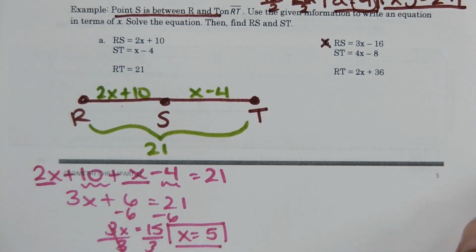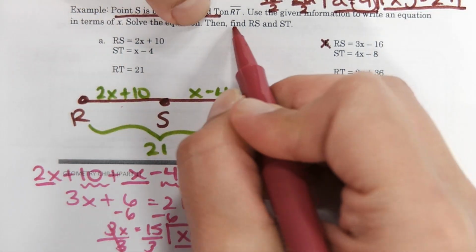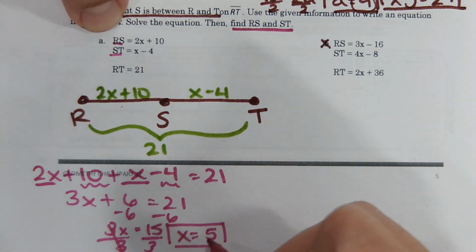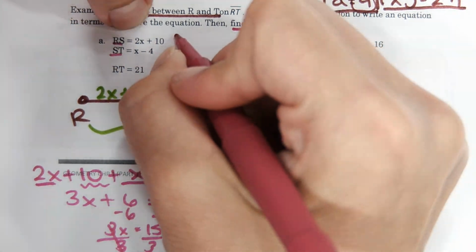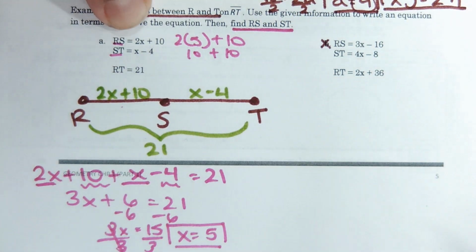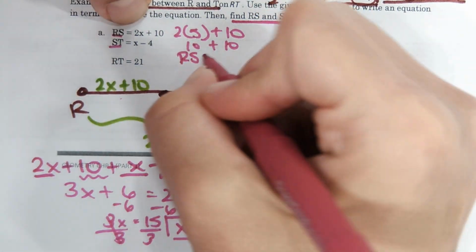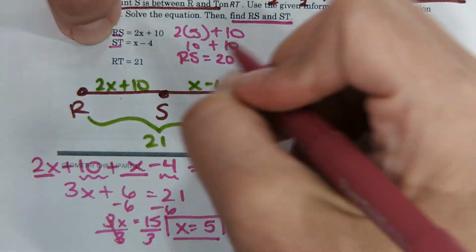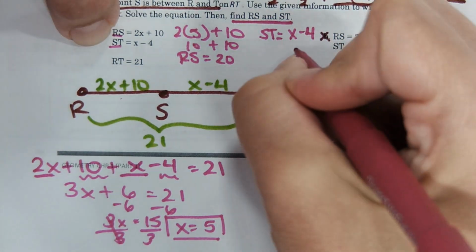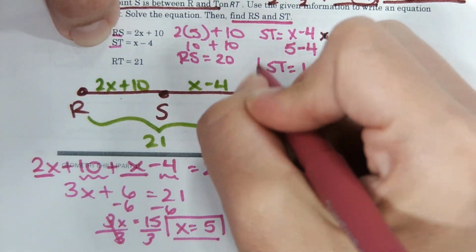However, in the problem, it says solve in terms of x, then find RS and ST. So we need to find the length of these two segments. So we're going to take this and plug it into these equations. So it'd be 2 times 5 plus 10. So RS equals 20. And then for ST, x minus 4, plug in 5, and ST equals 1.